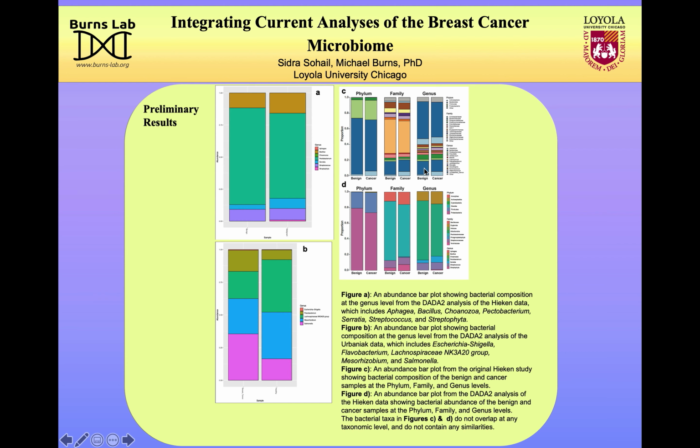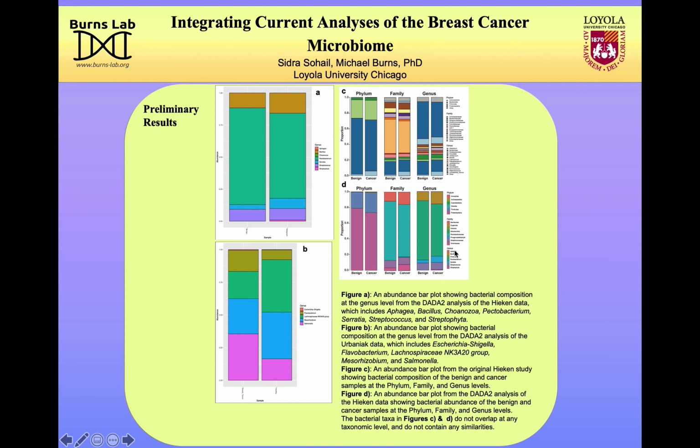So they have the taxonomic assignment for the phylum, family, and genus levels. And then figure D is an abundance bar plot from the DADA2 analysis of the Heekin data showing bacterial abundance of the benign and cancer samples at the phylum, family, and genus levels.